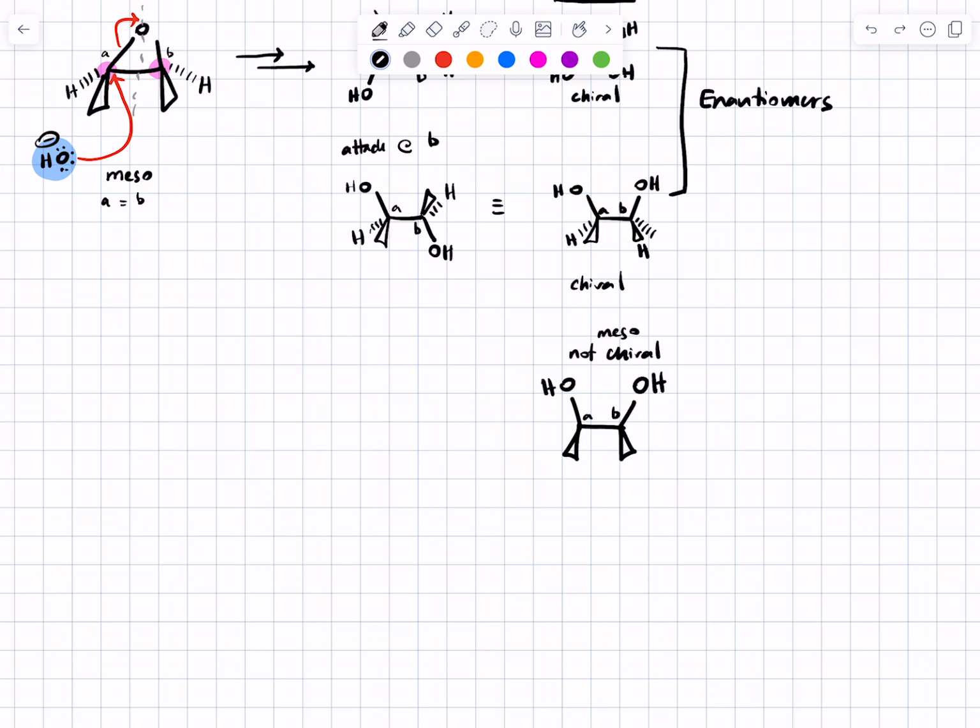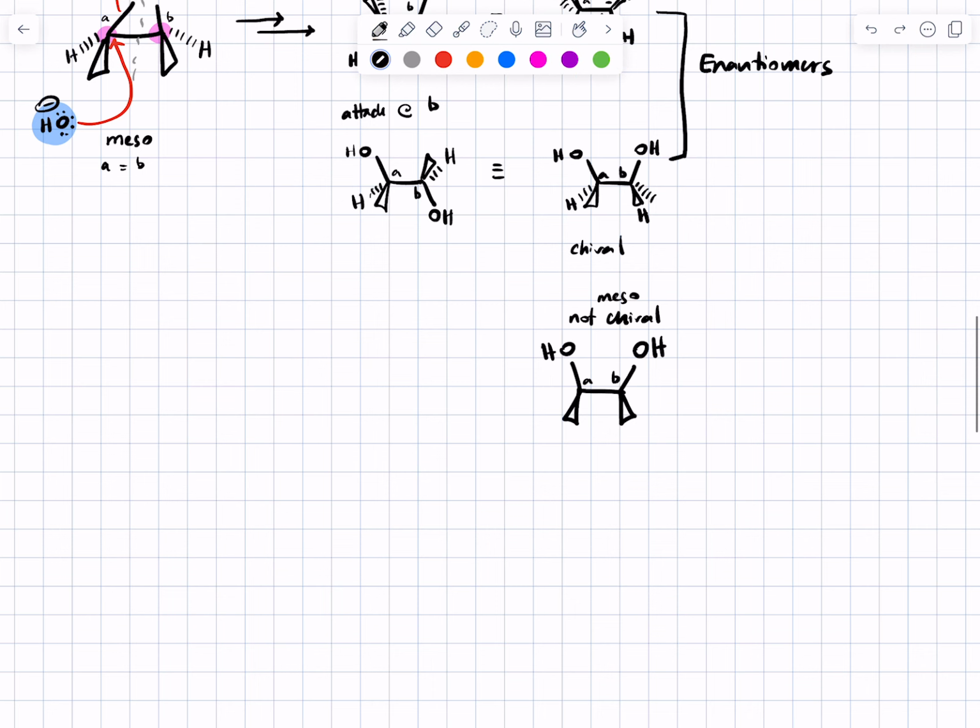So let me show you how to think backwards. First, you recognize that this is a 1,2 diol, and right away you're thinking, I could have made that through epoxide opening. But you know that epoxide opening happens via SN2 with inversion of configuration.